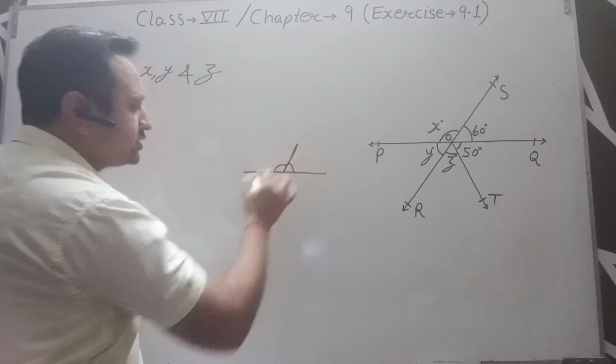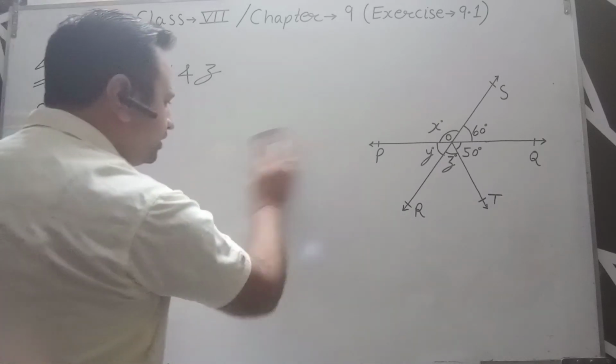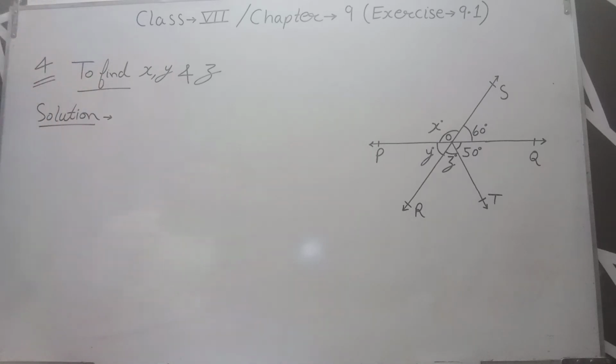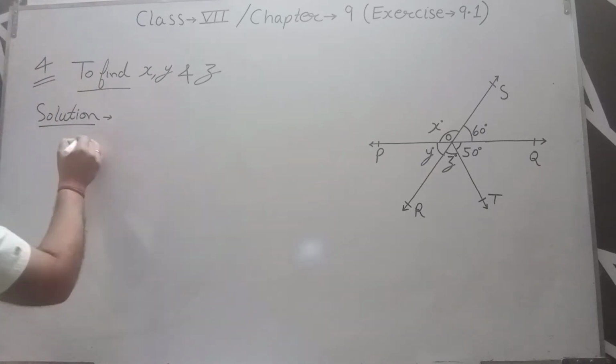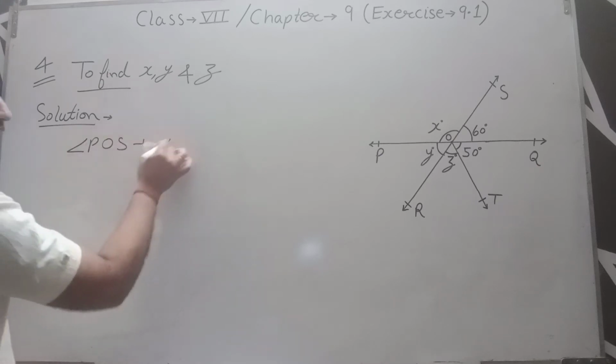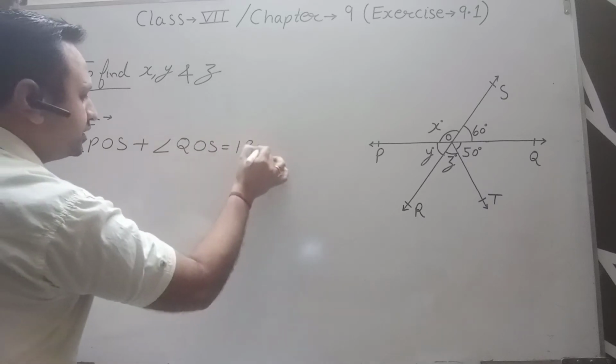So these angles are linear pair angles. And we know that linear pair angles are supplementary. It means their sum is 180 degrees. So we note down angle POS plus angle QOS is equal to 180 degrees.